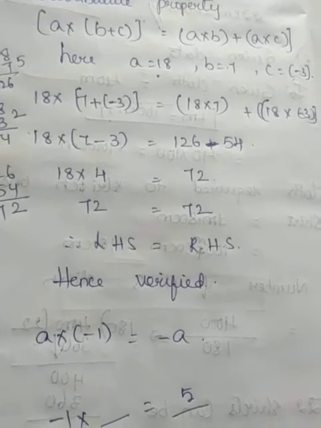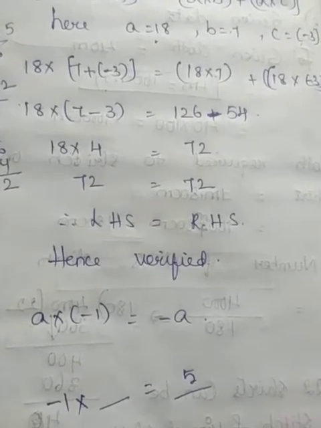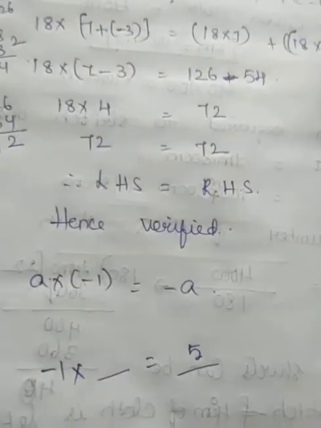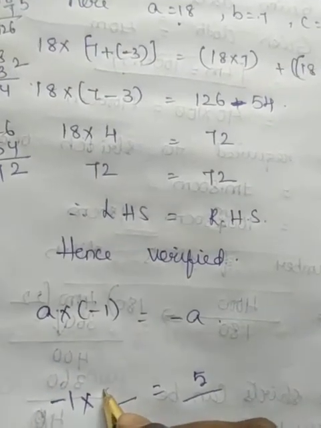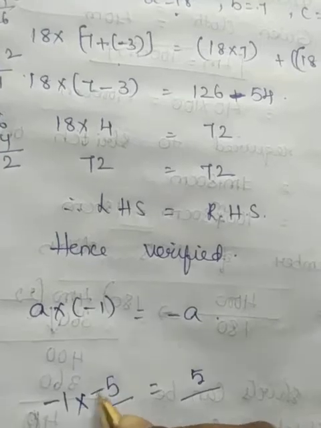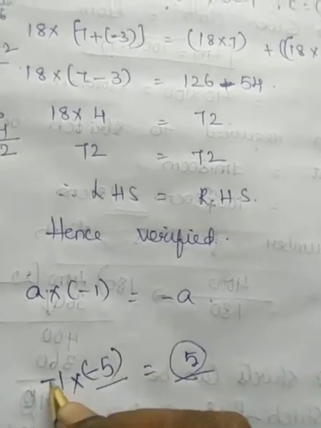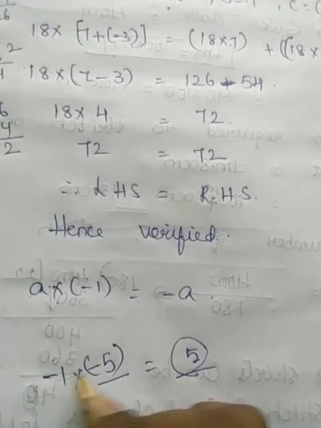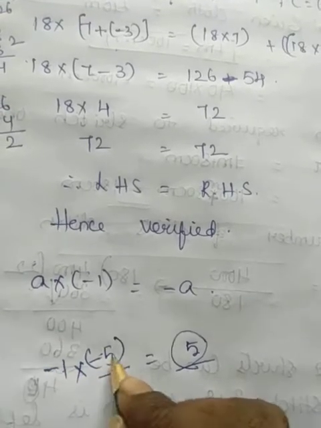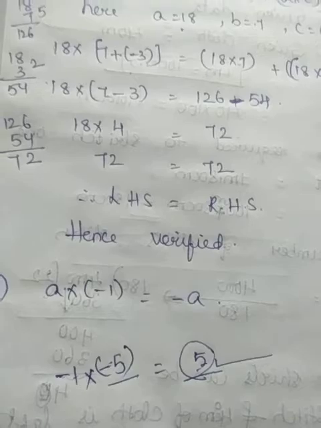Just minus 5. You should multiply by minus 5 to get plus 5. Already minus 1 is there, minus into minus is plus, 1 into 5 is 5. Clear? This is your fourth, the last one.